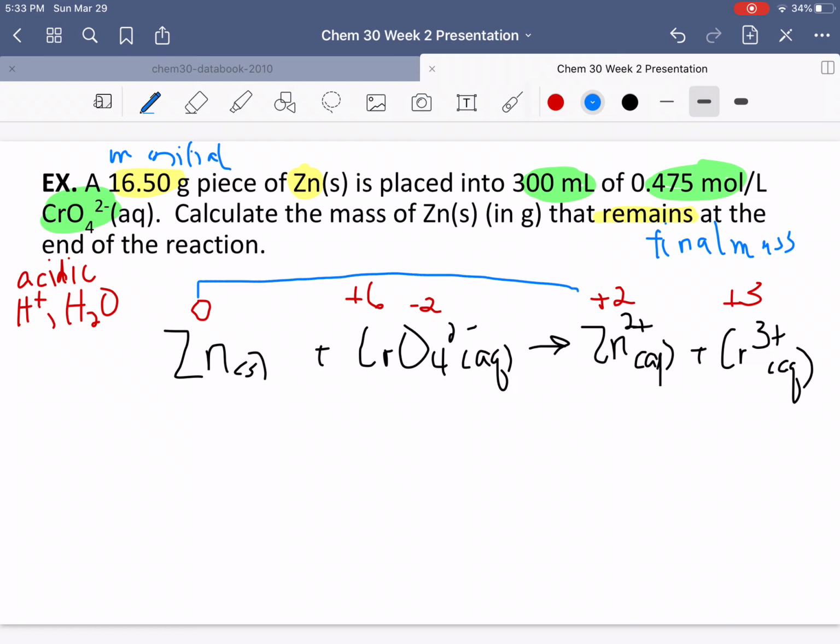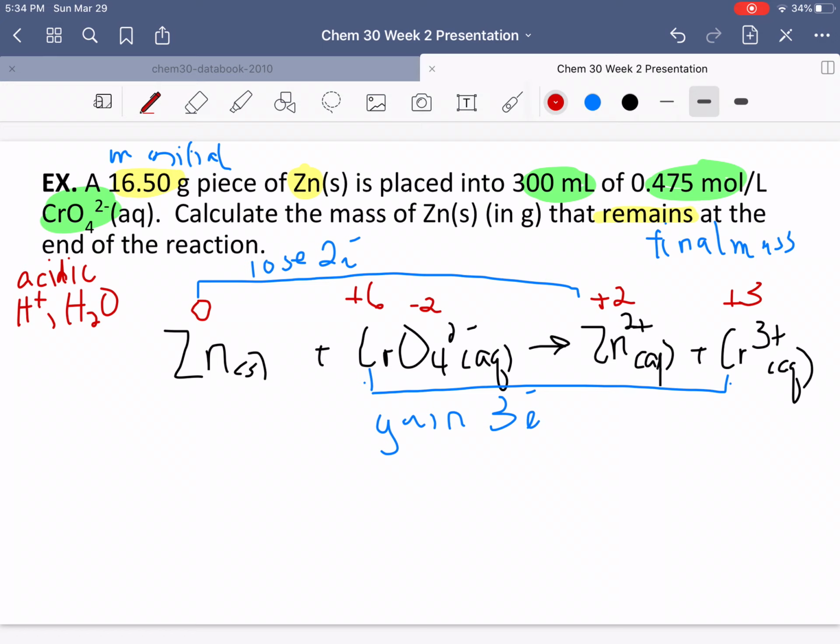To go from 0 to +2, zinc is going to lose 2 electrons. For our chromium, to go from +6 all the way to +3, it's going to gain 3 electrons. Now this is per atom, but the good news is there's 1 zinc reacting, 1 zinc being produced, 1 chromium reacting, 1 chromium being produced, so that makes this pretty nice and easy.